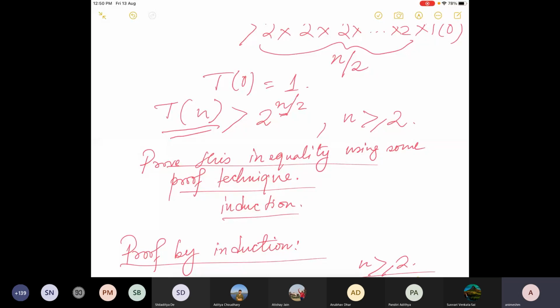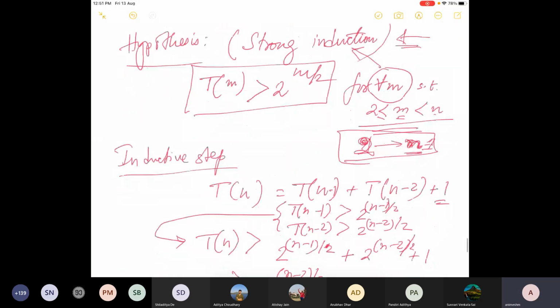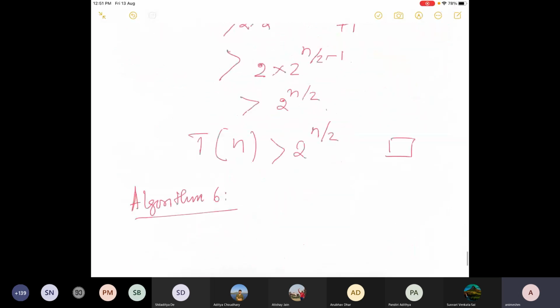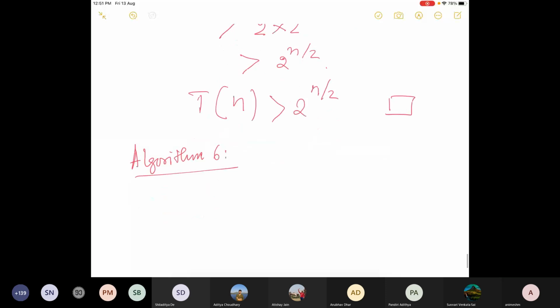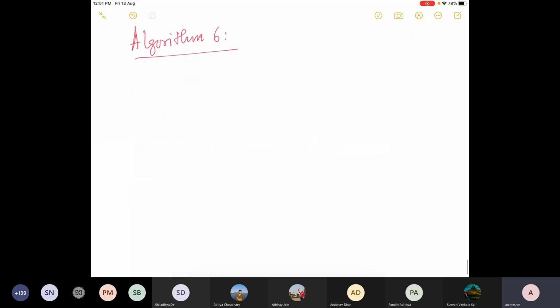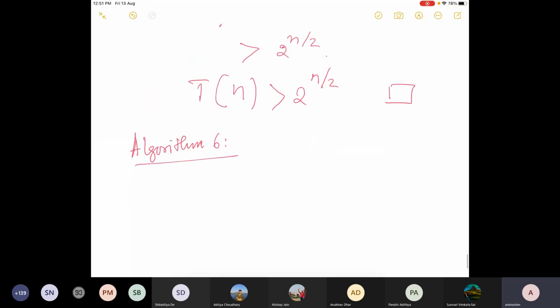Like to find Tn. So basically what we are saying is that this is kind of the worst that you can take. It is going to be slightly better, but this is kind of the worst that you can take.